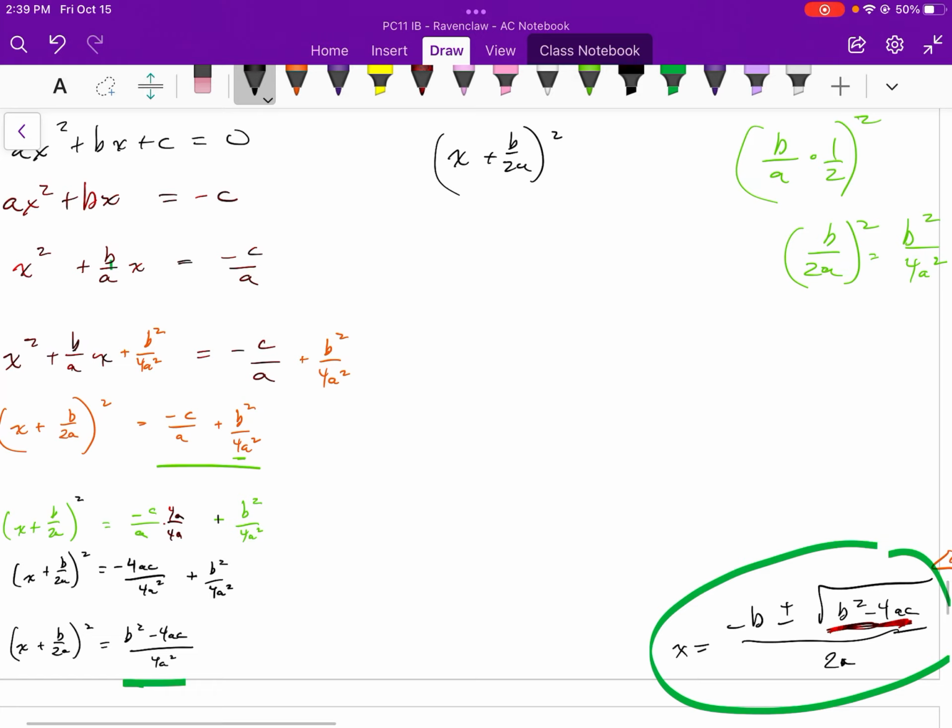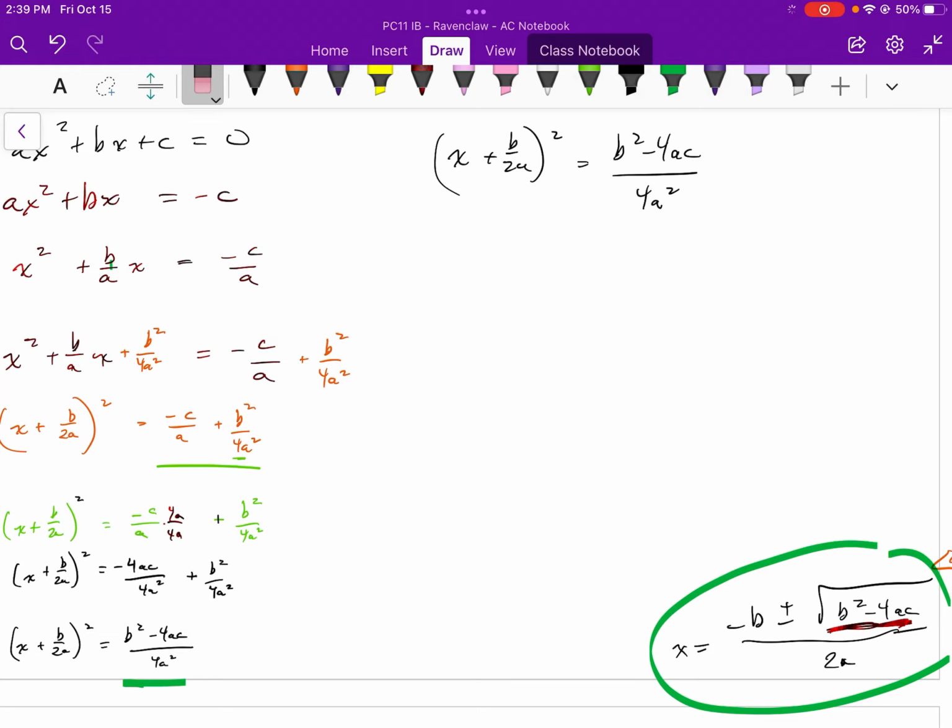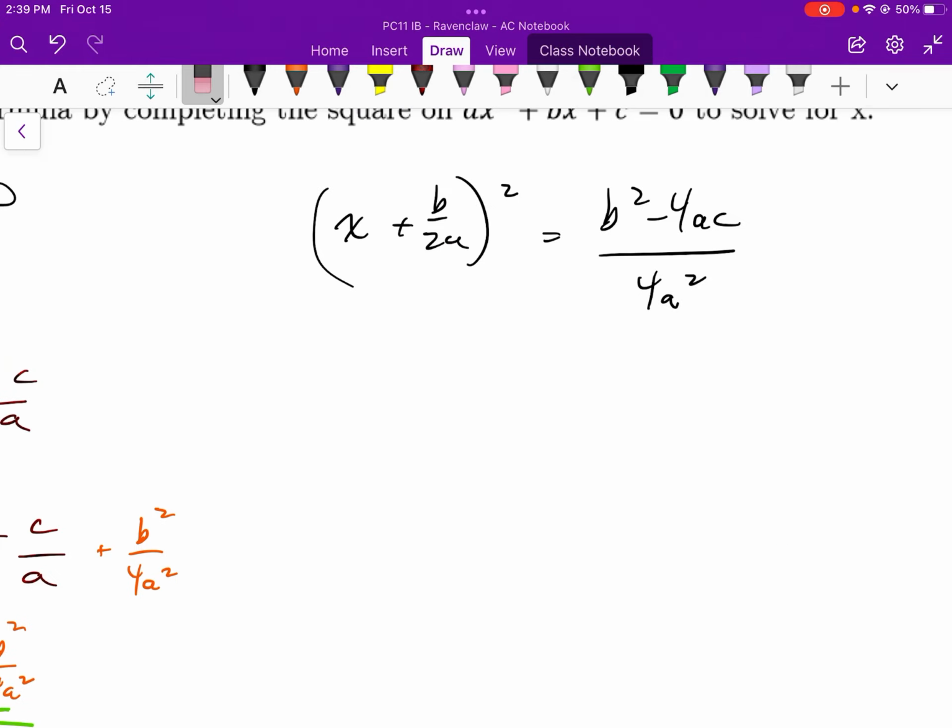We have the square factor is equal to b squared minus 4ac all over 4a squared. That's the step that I left off at.